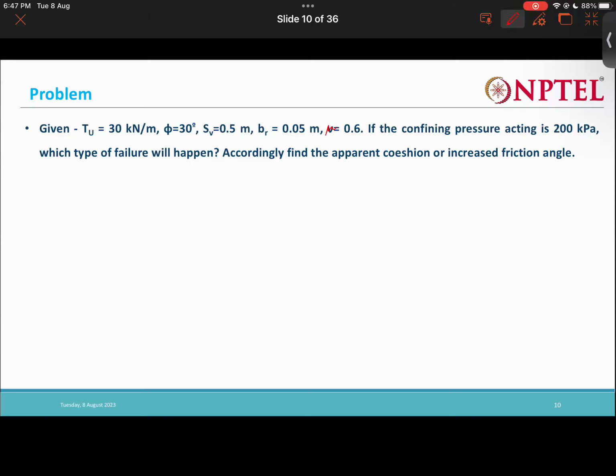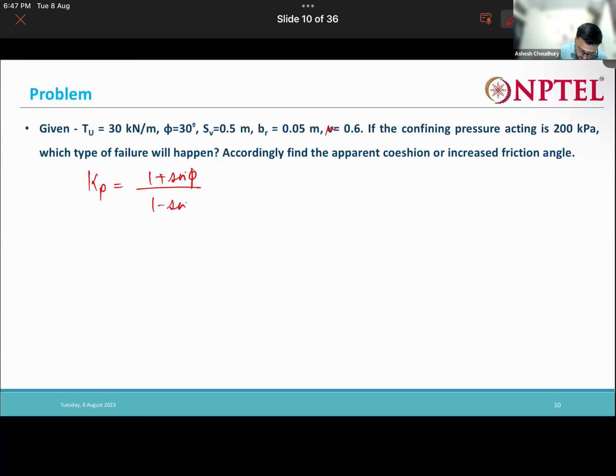First we find the passive coefficient Kp. Kp equals 1 plus sin phi by 1 minus sin phi.